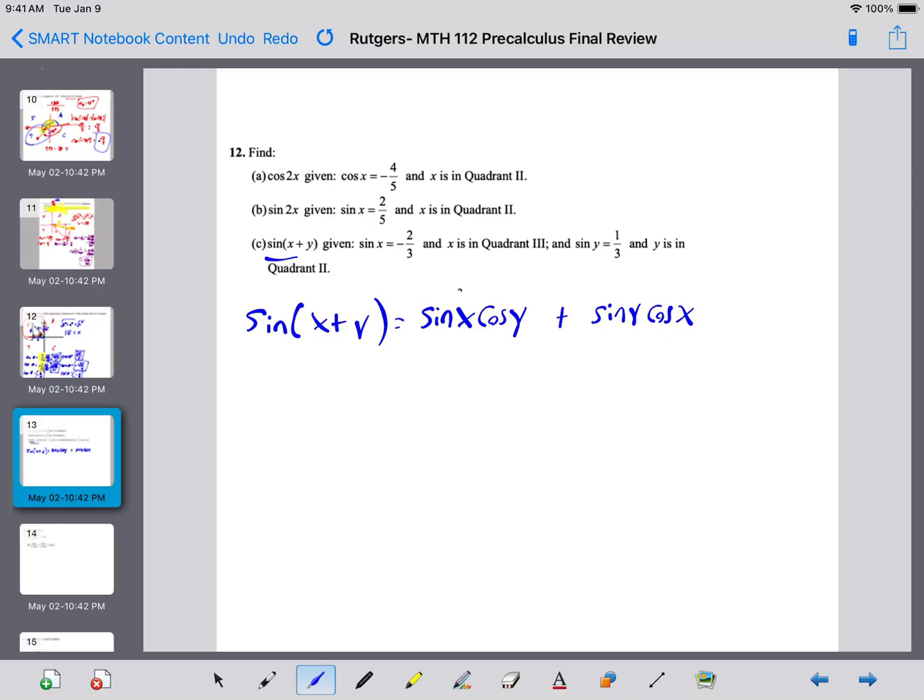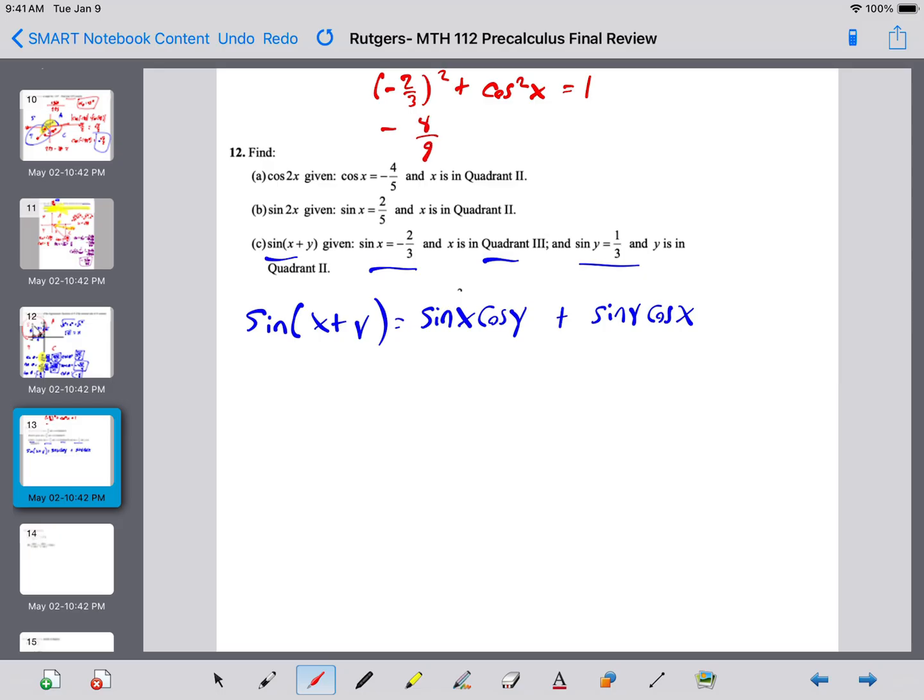So you're given sine of x is in quadrant 3, and you're given sine of y. So we're going to have to find the individual cosine x and cosine y. I would recommend still using the Pythagorean identity. So negative 2/3 squared plus cosine squared of x equals 1.